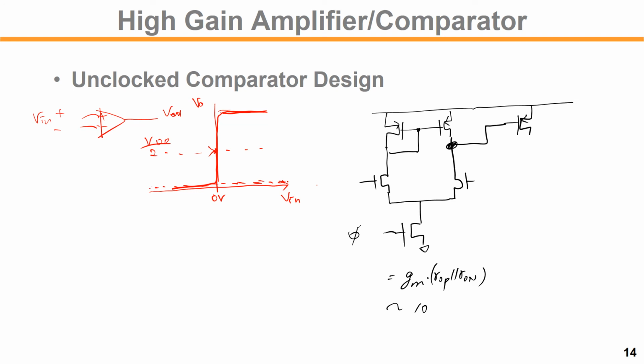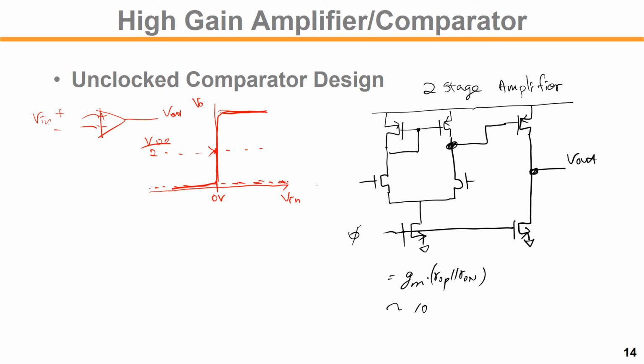we take out the output and then put an additional common source amplifier there, and then share the current bias like this, and take out the output. So this is the two-stage amplifier. By itself, we can use it as a high gain comparator.